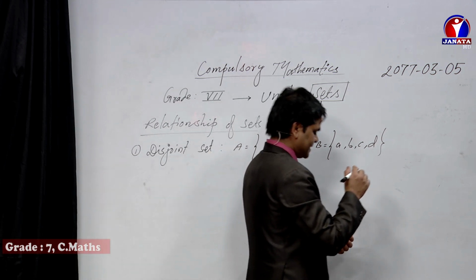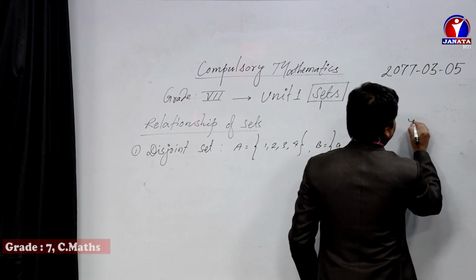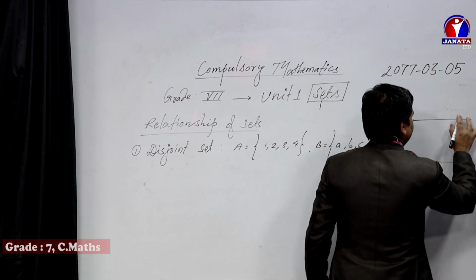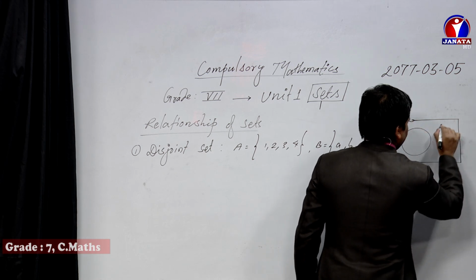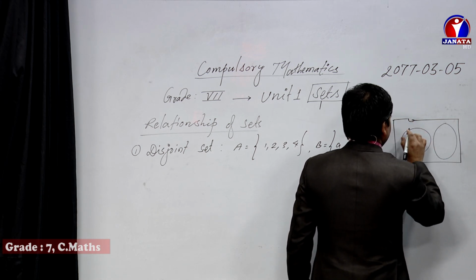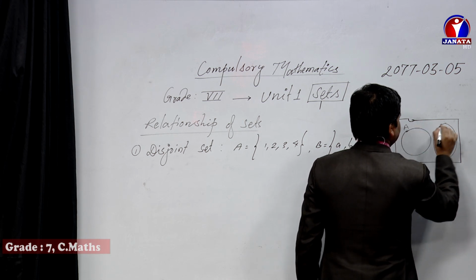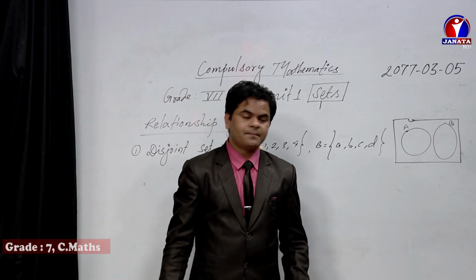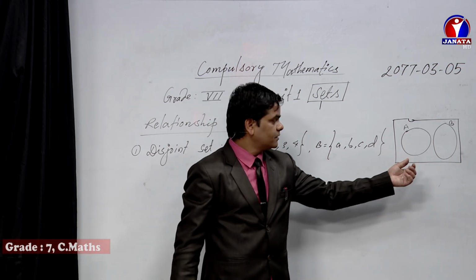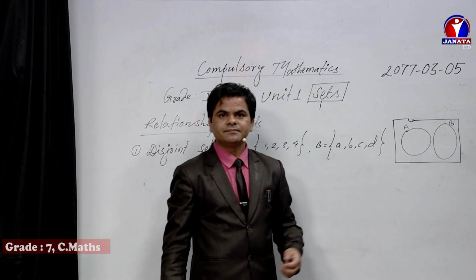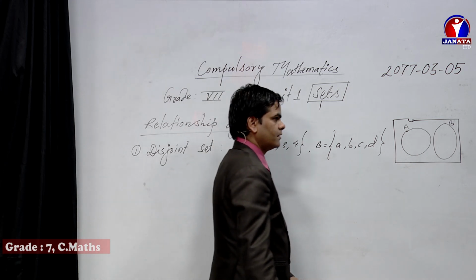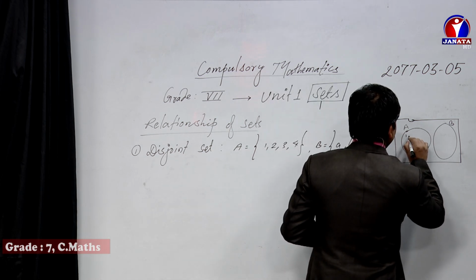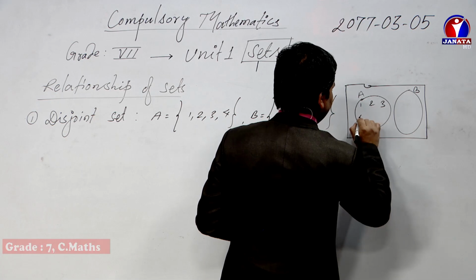And when we represent this information in a Venn diagram, what will it be? This is set A and this is set B. Dear students, there won't be any type of connection between set A and set B. Now let's keep the elements of set A, 1, 2, 3, 4.